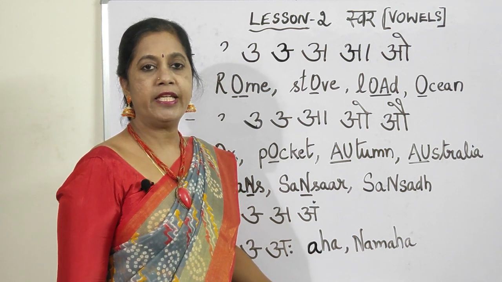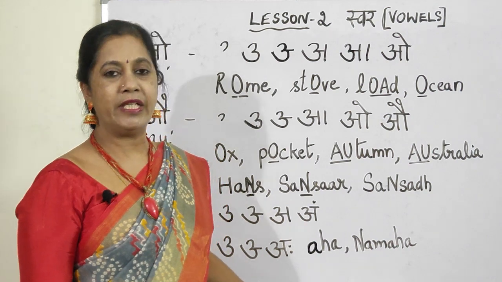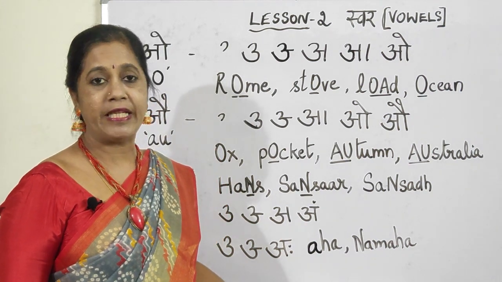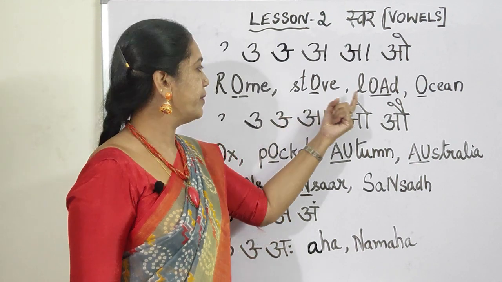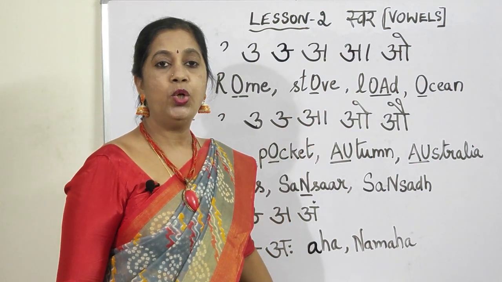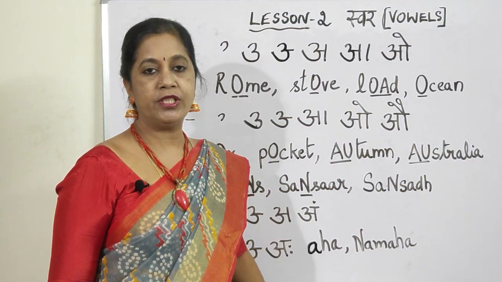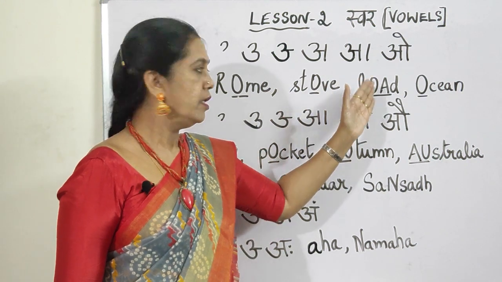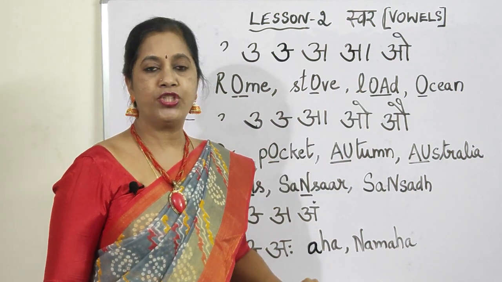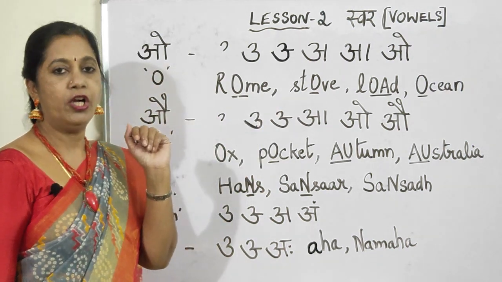You don't say S-T-O-V-E; that is colloquially how we keep talking at home, but that's not the right pronunciation. This is stove. Load, load, and ocean, ocean. Now see the sounds. Rome, stove, load, ocean. Now you got the sound for O.